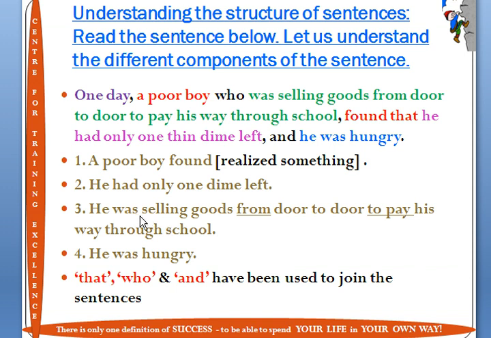So your main sentence is he was selling goods. He was hungry. These 4 sentences have been joined with linking words that, who, and. So that, who, and have been used to join the sentences.